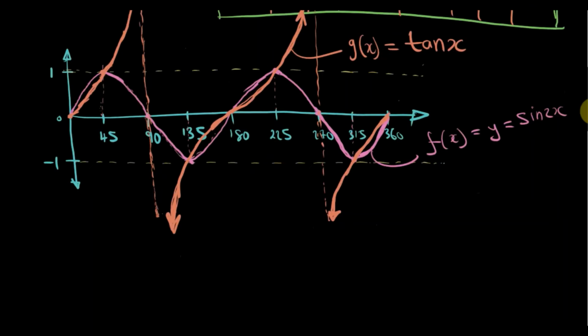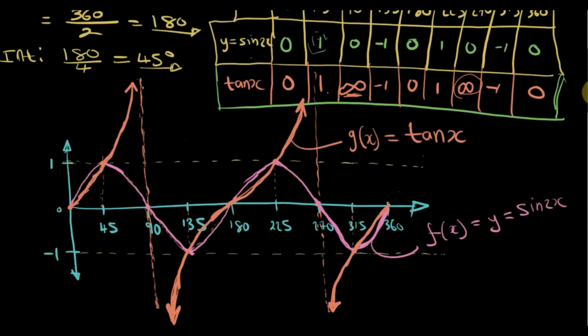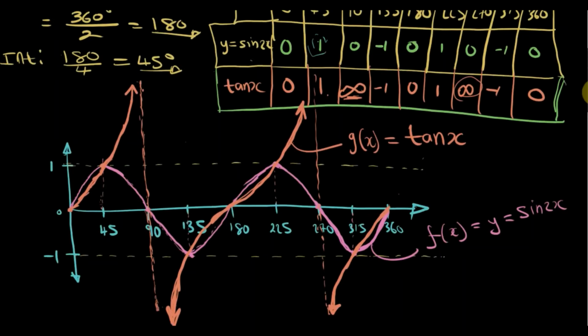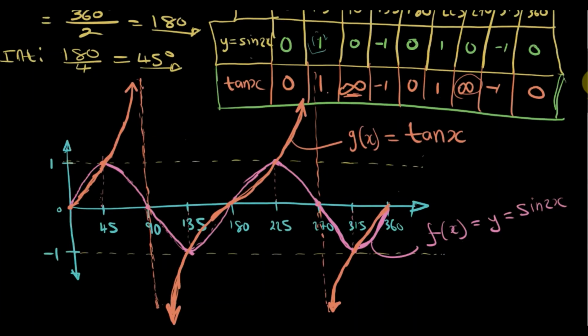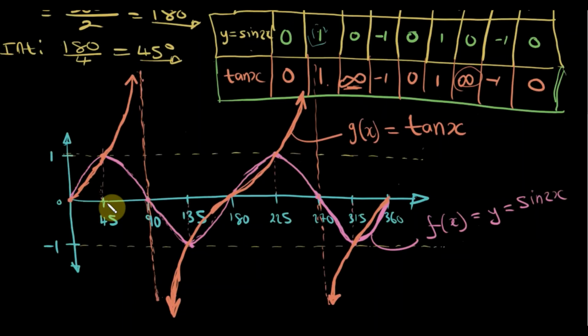So yeah, that's how you plot sine 2x and tan 2x. On the graph we could indicate the intercepts. For sine 2x, we get a different color for this.